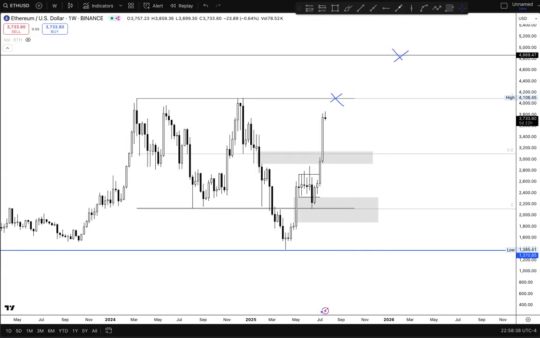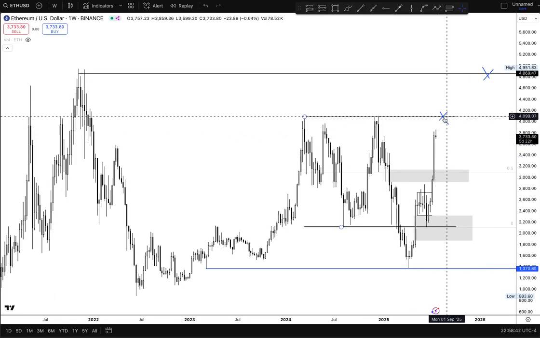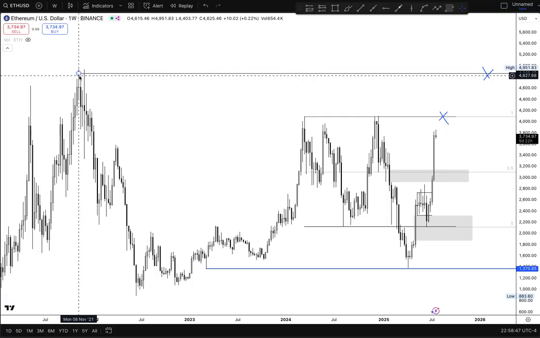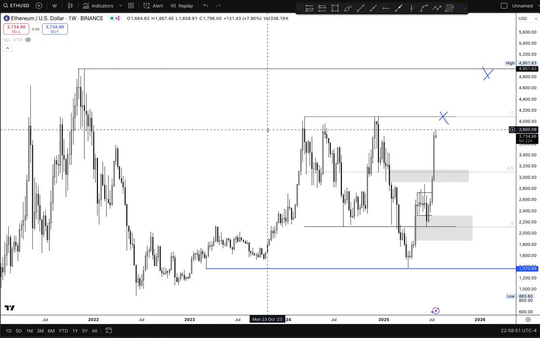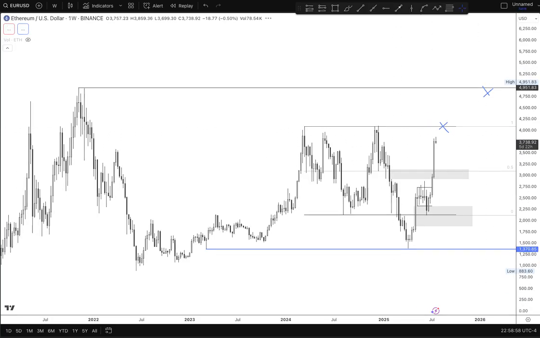It had a massive move last week, and we'll most likely raid these equal highs up here, and then we also have your all-time high there for Ethereum at 5K. So that is my outlook for this upcoming week.